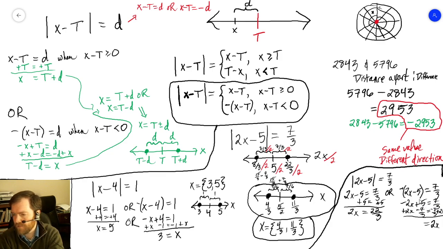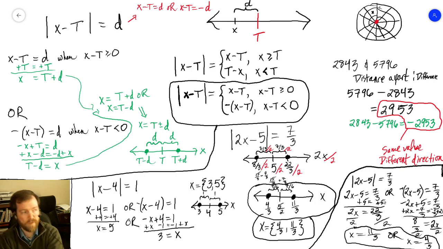Again, in this case, this is 15/3 minus 7/3 is 8/3. And divide all of this stuff by 2. x is equal to 11/3, or x is equal to 4/3. Okay.